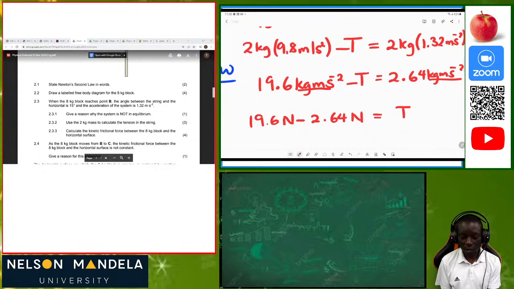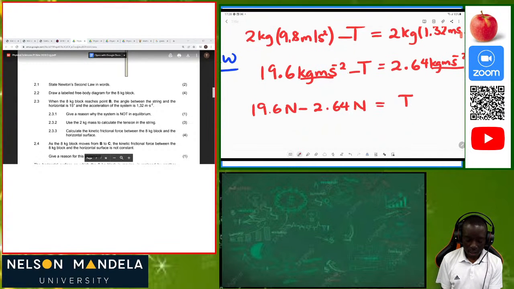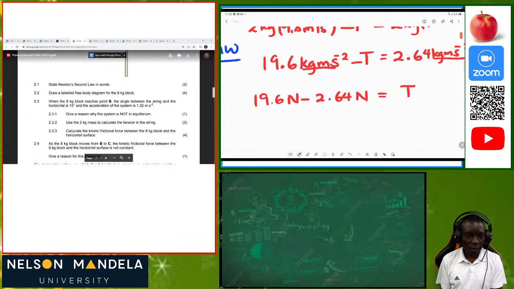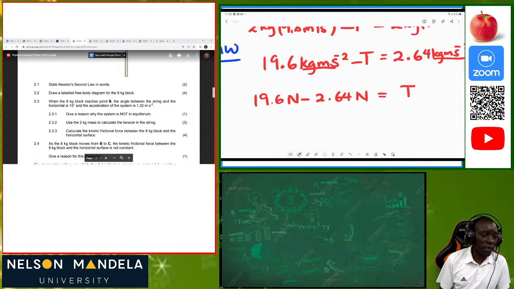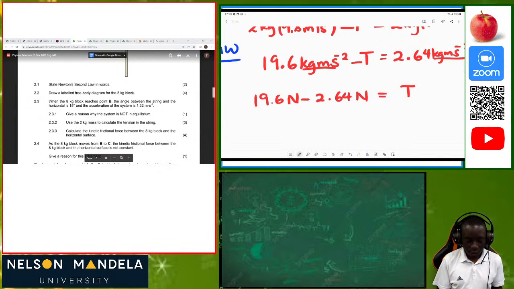We take T to the right-hand side and 2.64 to the left-hand side. And what does that give us? What is T? You can use your calculator.